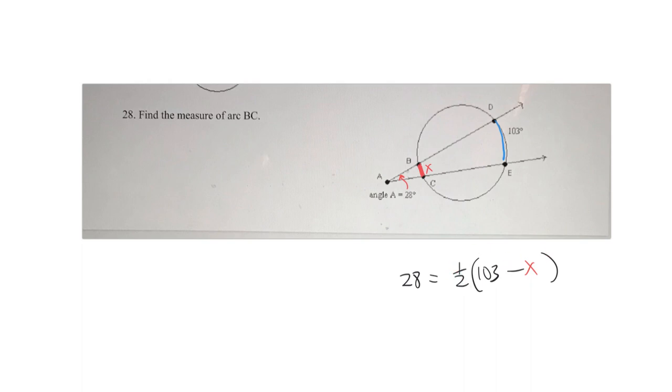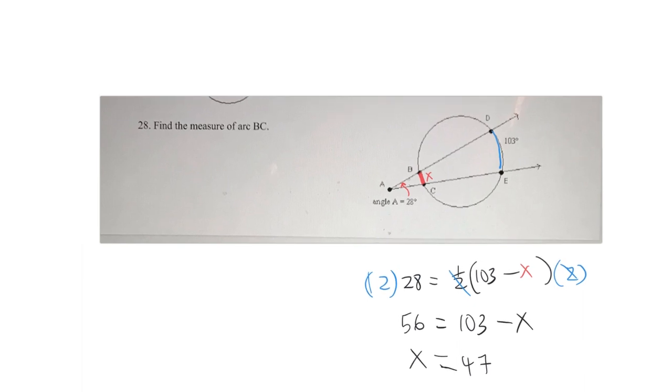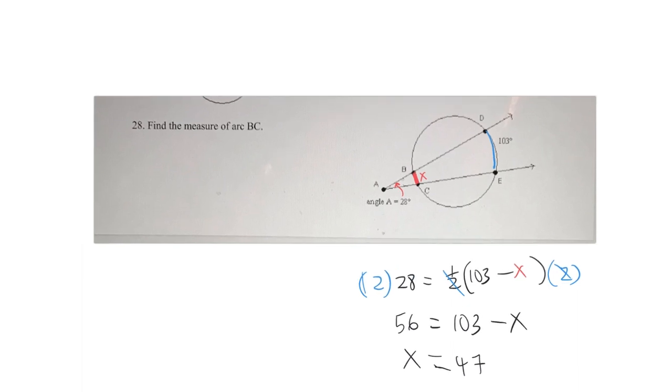Rather than distributing, I would rather just multiply both sides by 2, because these would cancel. Next thing you know, you have 56 equals 103 minus x. At that point, I'm going to add x to the left, and I'm going to subtract 56 from 103, and that's going to give us 47. So the measure of that arc BC is 47.